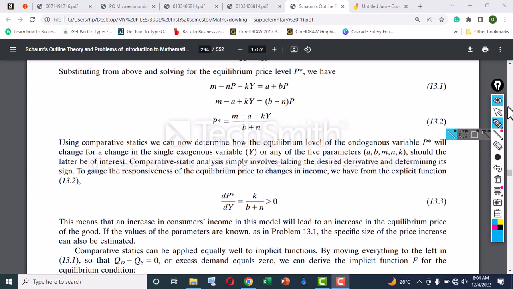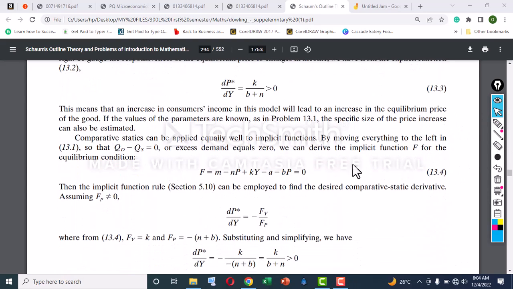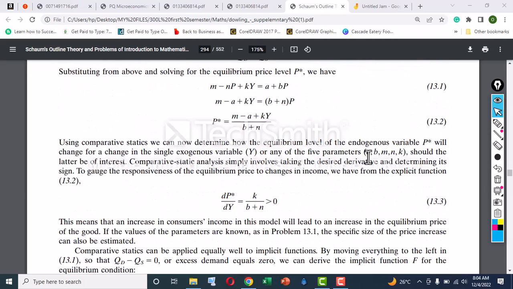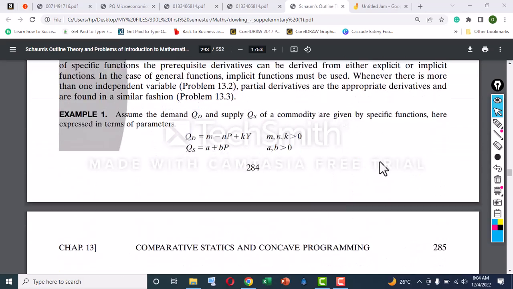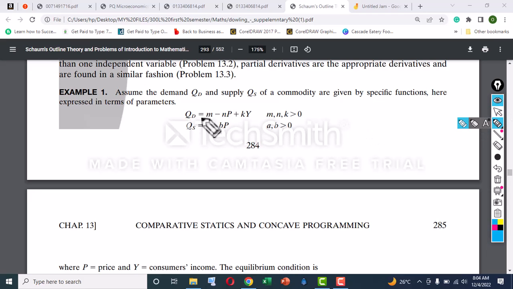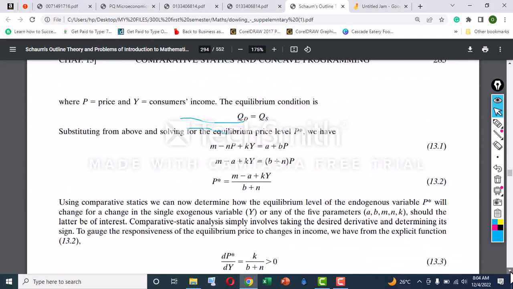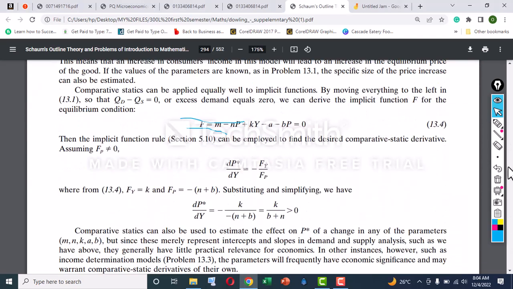So differentiating implicitly, the only difference is that we equated the two of them, Qd is equal to Qs. We equated both of them. Now the difference is that when you equate both of them, you set them equal to 0, meaning you bring all of them to one side, then you make it equal to 0. That's exactly what we have here.